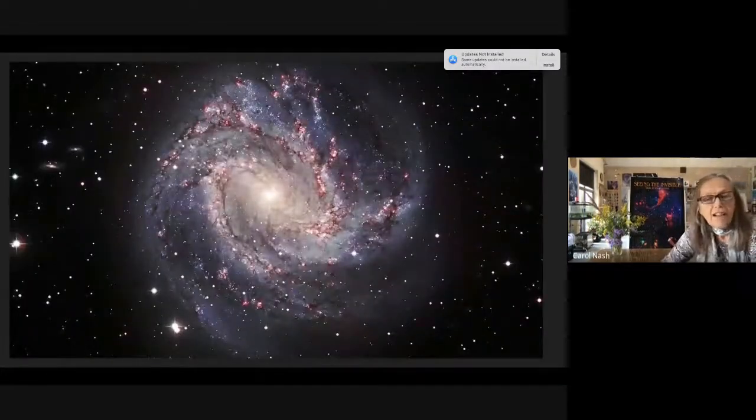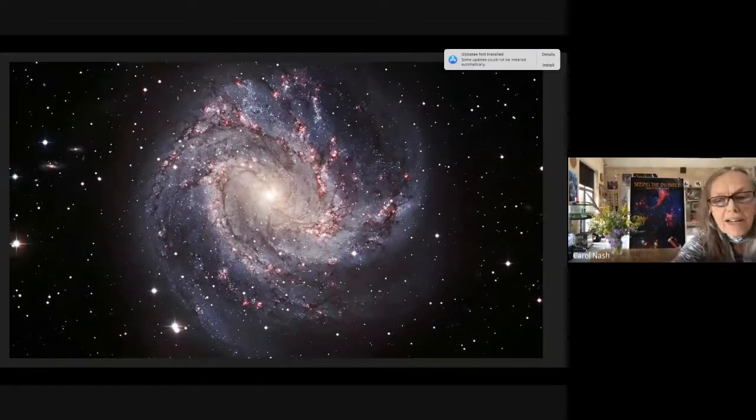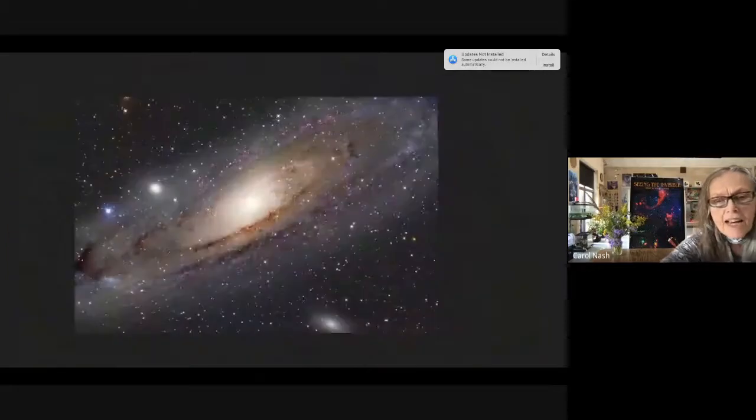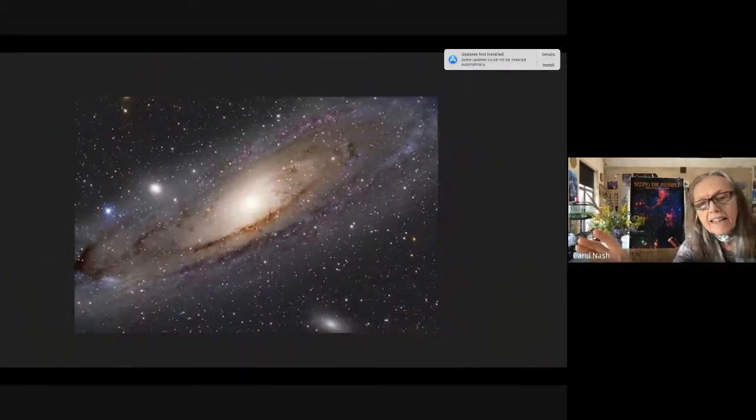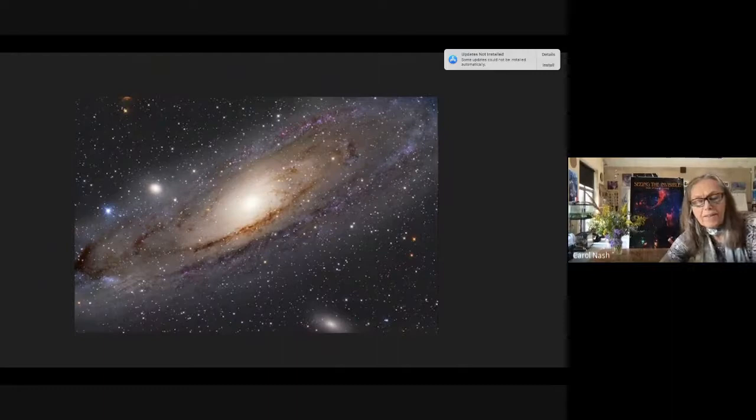So a lot of swirling around, things collapsing, condensing, accreting, and they begin to form in an orbital plane, kind of around like our planets are around our star, spinning around.